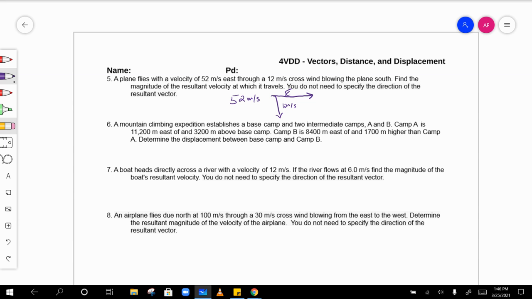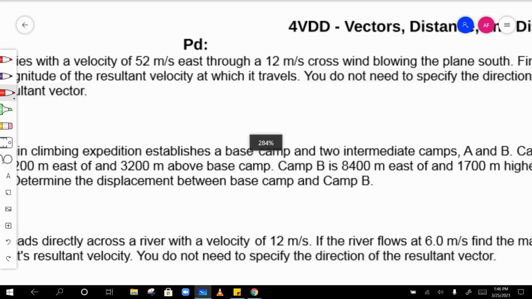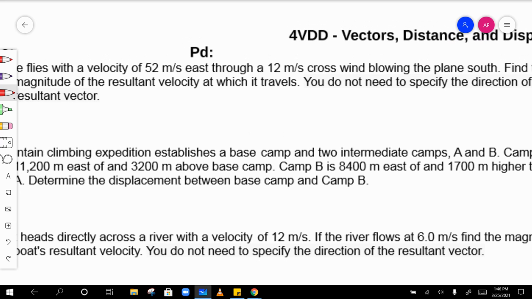I shouldn't draw them like that. Let me draw where I have some more space. How about that? So I'm going 52 meters per second east. Then I'm going 12 meters per second south.